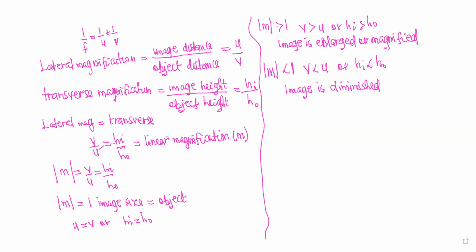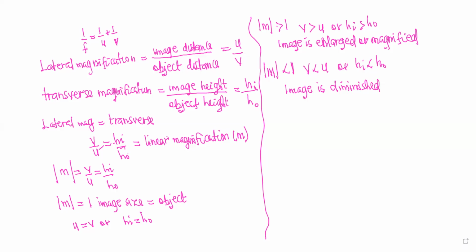Sir, please, in the beginning you wrote the lateral magnification is U over V, but later you came to write V over U. No, it's a mistake. It's V over U. Thank you.